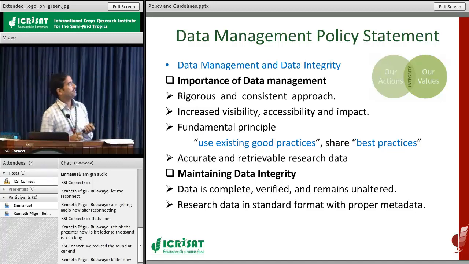Maintaining the data integrity. Whatever data we are proposing for the open data repository should be complete. Otherwise, of course, there is no use. And even one should not alter the data which is there in the repository. As secondary data, someone can take this data, do further research, and republish the data, but the original data should not be altered.